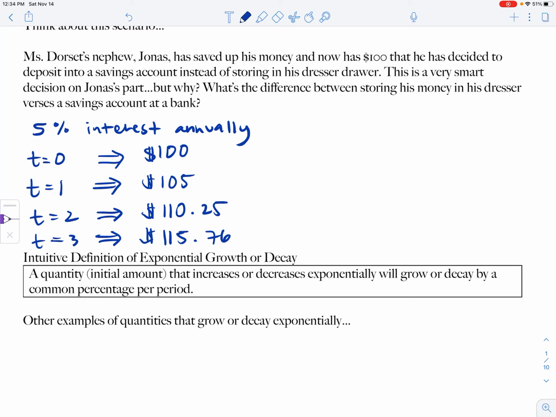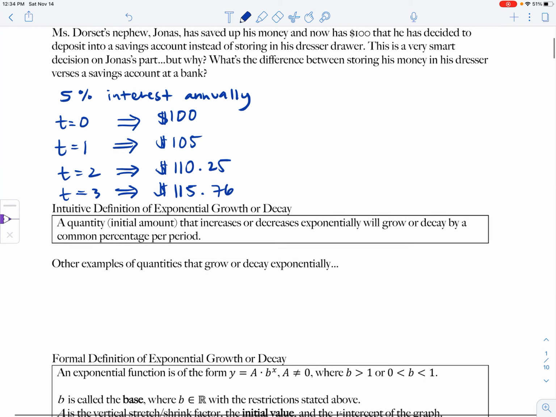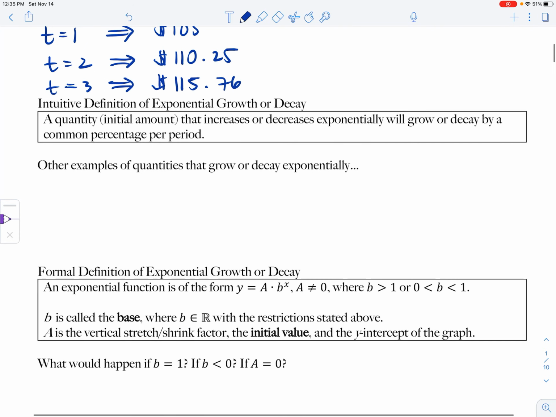So each period in the above example is a year. So the period is equal to 1 year. And that common percentage is 5%. So this money is increasing 5% each year.